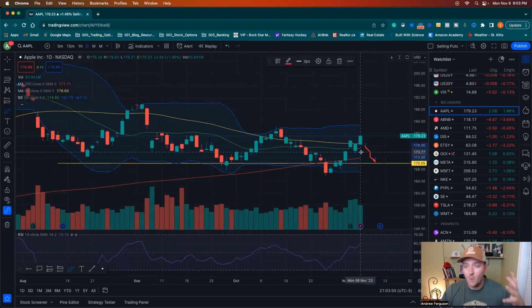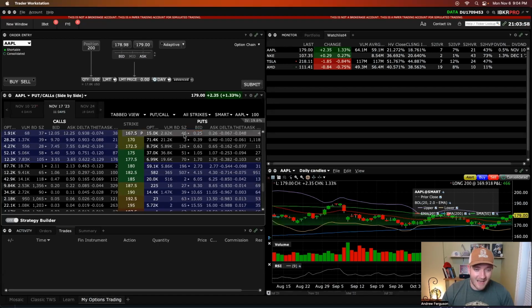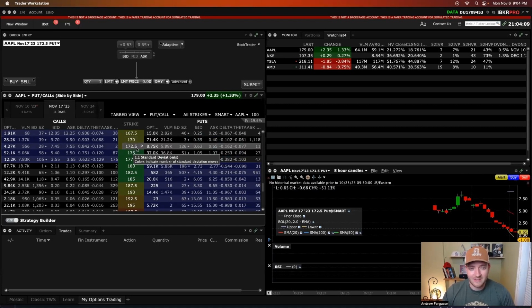If it doesn't, we get paid that premium and we don't buy any stock at all. So at the 170 level, we're getting paid about 40 cents right there. So maybe not the most amount of cash. Maybe we want to go in the middle and strike it at 172.5 and look to sell this option right there. What we need to do next then is to confirm whether the delta is an acceptable measure of risk.